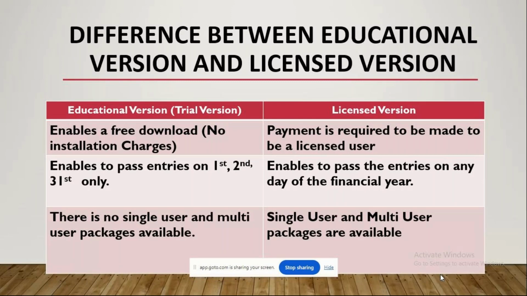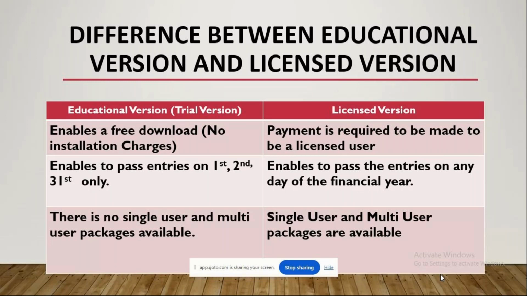I'll repeat it again. I can record the entries in the trial version of TallyPrime software only on 1st, 2nd and 31st. I am unable to record the entries on other dates when I'm using the education version of Tally.